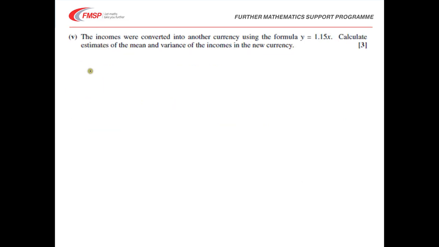And finally, a little bit of linear coding. The new mean is going to be 1.15 times the accurate value of the old one, not my rounded value, which is 46.88, and the new variance.